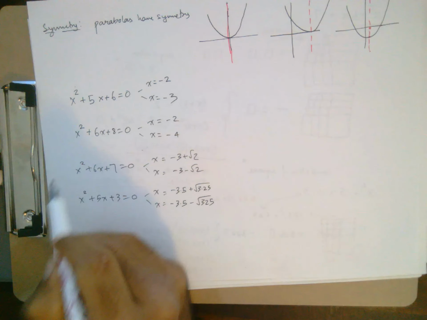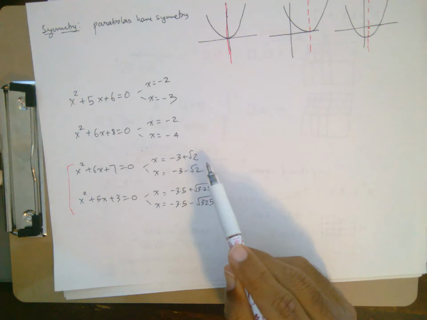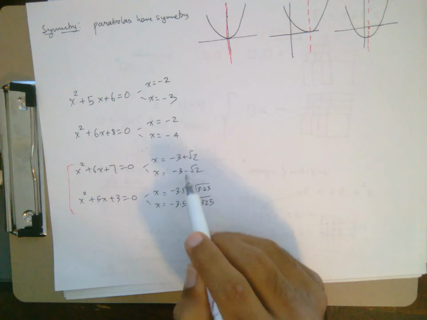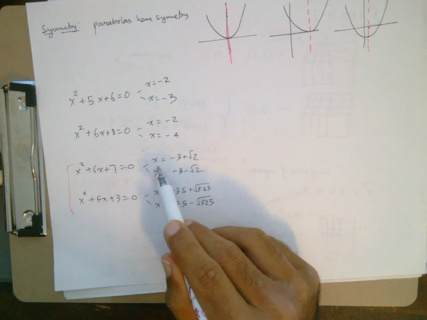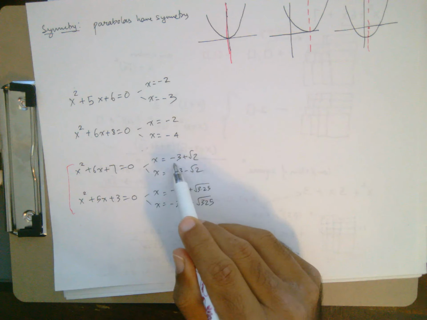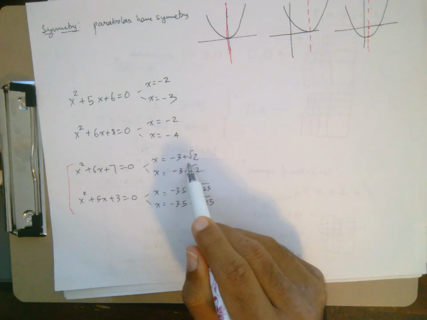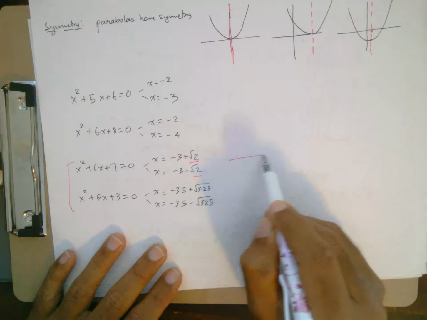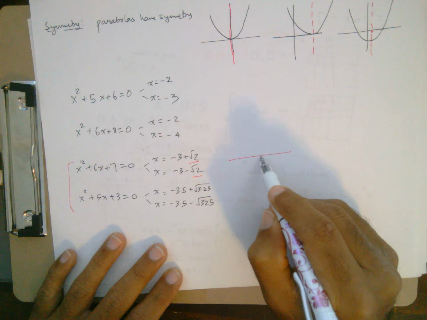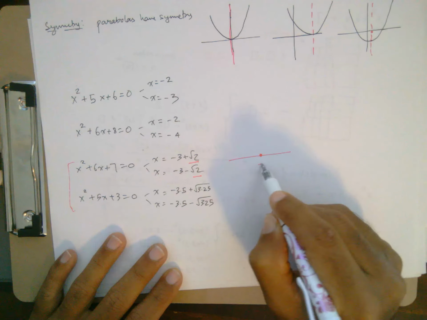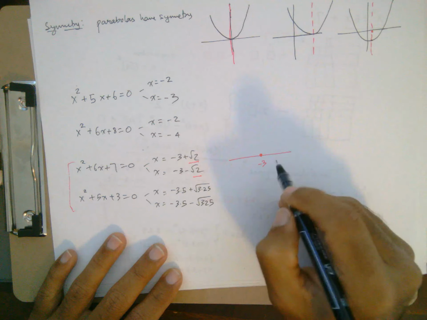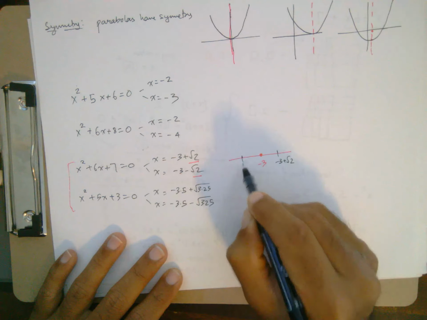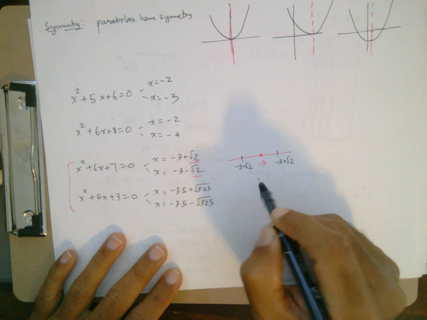Now in these two examples, can you notice the symmetry? Over here it's immediately obvious. What are these values of x? It's -3, and then you're adding something or subtracting something. So on the number line, if that point is -3, that's -3 plus root 2, and that's -3 minus root 2.